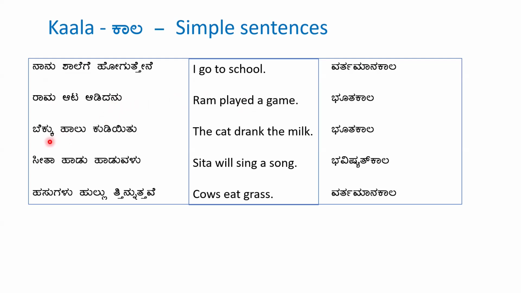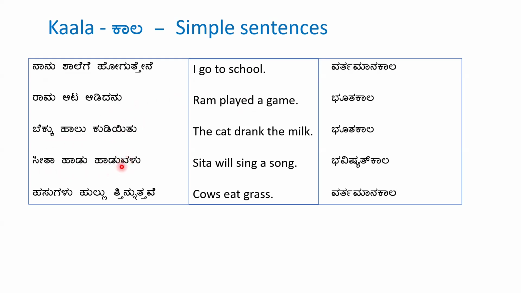Bekku halu kuditu. So here itu indicates that it is Bhutakala and the action is done by a neuter gender object. Sita hadu haduvalu.